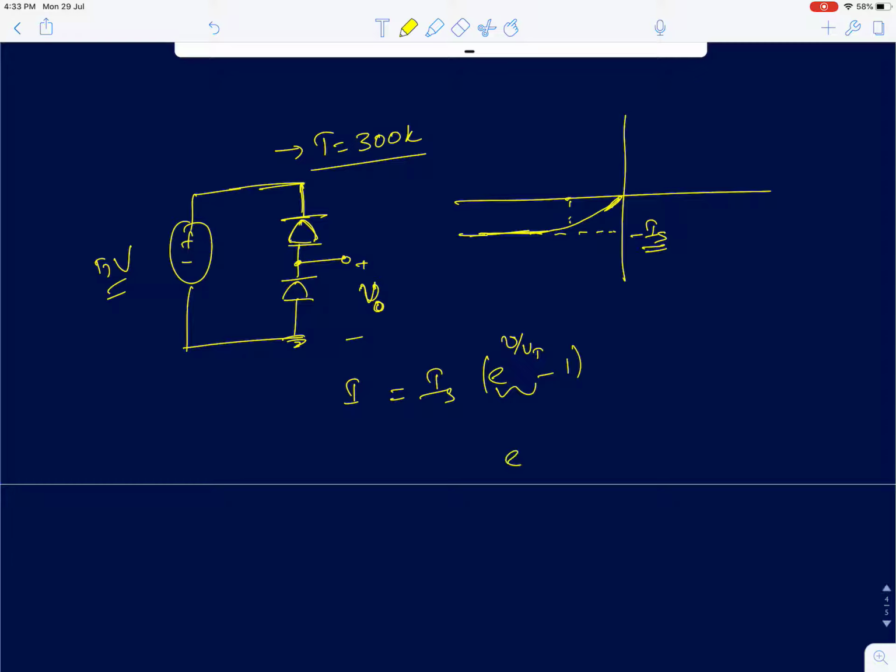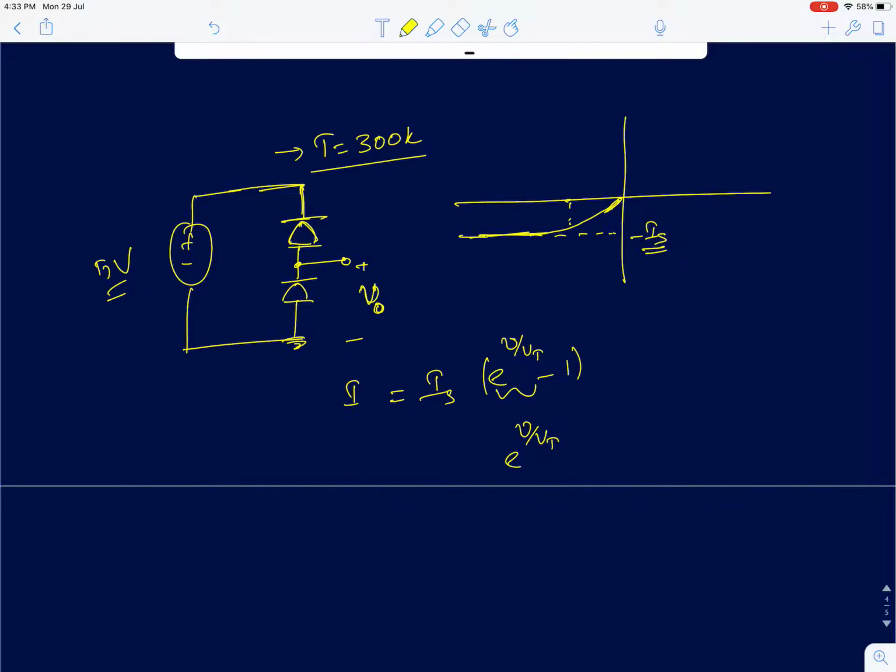Now this term, e power V by Vt, will be much less than 1, or will tend very close to 0 when your V by Vt is approximately greater than minus 3 or so. We normally take minus 3 to minus 5 Vt. Vt here is 25 millivolts. So when I multiply it by 5, you would get approximately 125 millivolts.